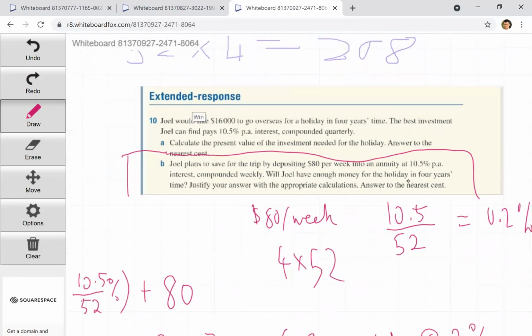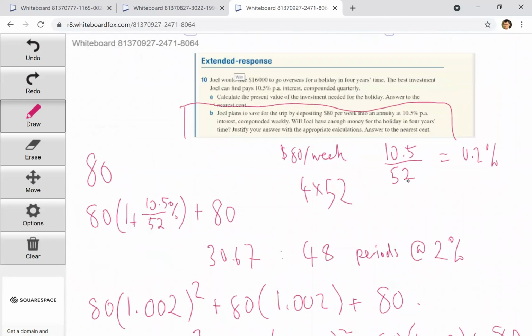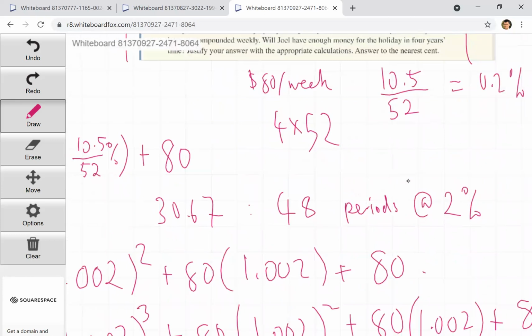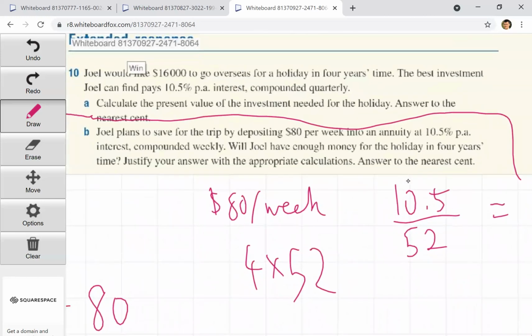Which is interesting. Actually, the table value is 2% for 48 periods. So is that the working that they would want? If you gave that working, you wouldn't be able to lose marks, okay? But I had first thought that the working they wanted was just to look at the table, yeah? Even if there isn't an entry in the table, sometimes you don't need it to be, right?